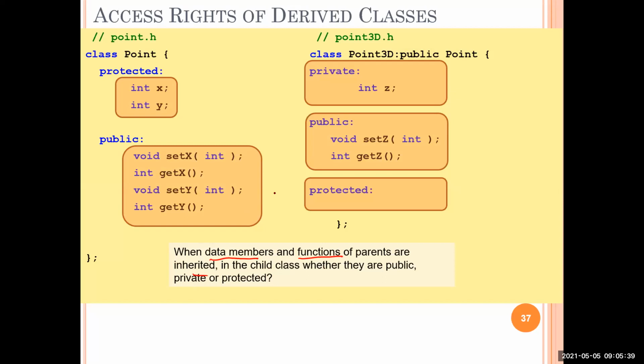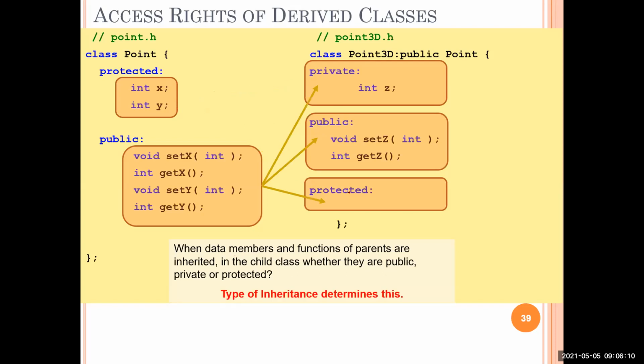For example, x and y are protected in the parent Point class. When we do inheritance, we say they are now members of the child class, they have been inherited. But after inheritance, whether these x and y will go in the private part or public part or protected part is something that we did not discuss.